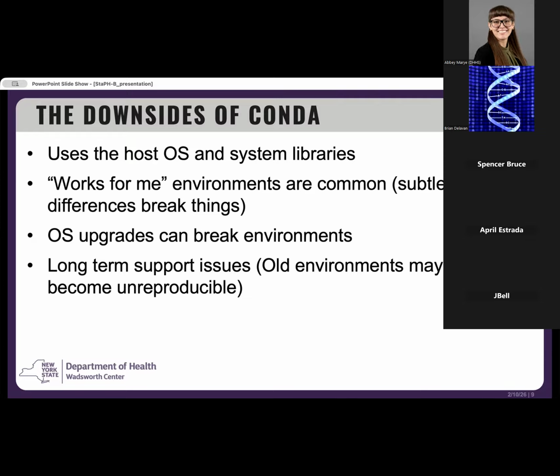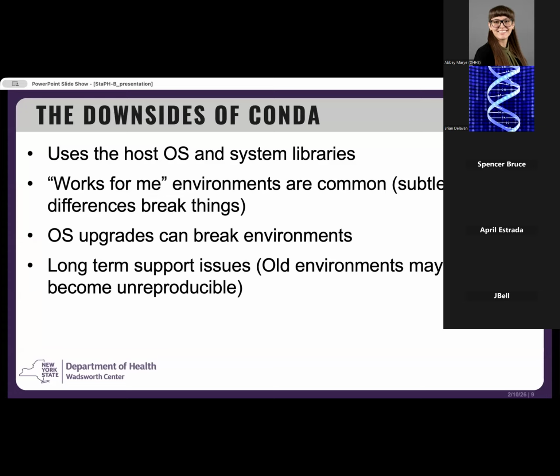So there are some other downsides to Conda as well. So far I've talked about Conda as a very powerful and widely used tool, and that's still true. This slide focuses on some of its technical limitations, and that's not really as a criticism, but to explain why people eventually looked for additional layers of isolation.